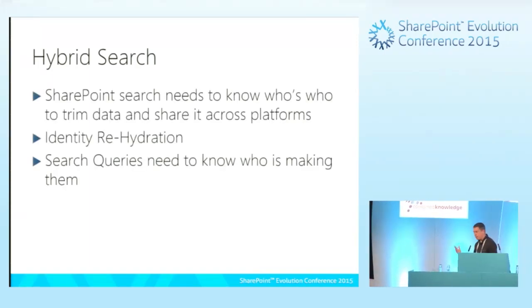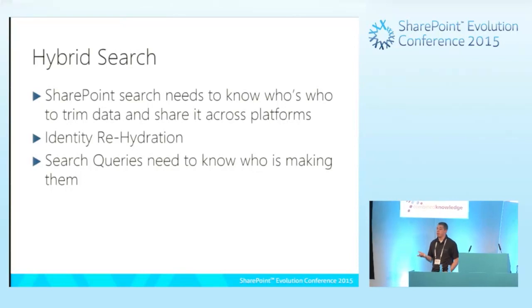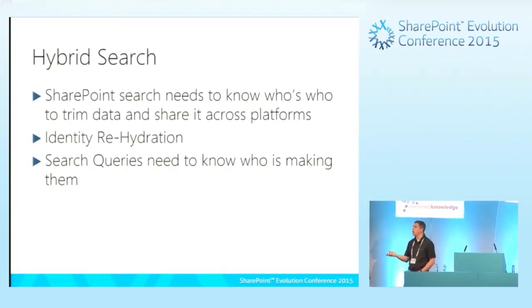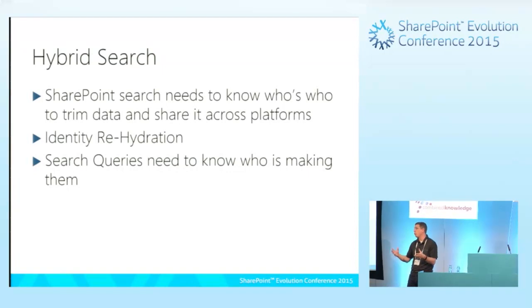So if you were in the session prior, right at the end when I came in, you guys were talking about hybrid search, two-way hybrid search, right? So this whole thing is sort of painting a picture of, okay, I can get most of the user experience that I'm traditionally used to getting on-prem on SharePoint Online or vice versa, to the point where the user doesn't even really know or care where they are at any given time in your environment.